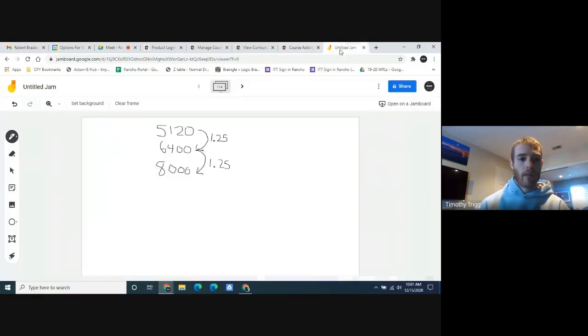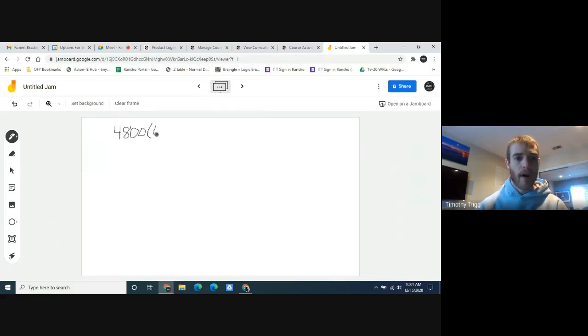So our function is 4,800 times 1.5. And we're going to replace x with the number of weeks. So in this case, 5 weeks. And let's figure out what that is. Now, when we're calculating this, you want to do the exponent first before multiplying, just following the order of operations.